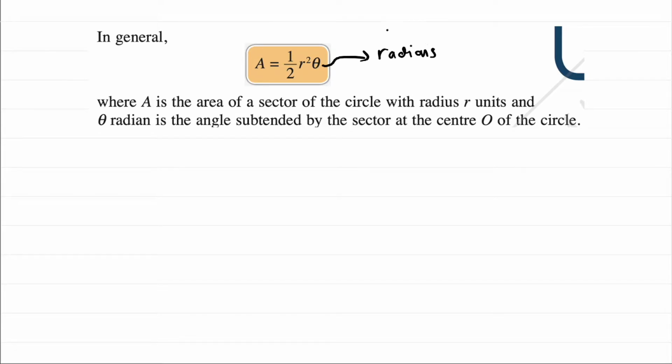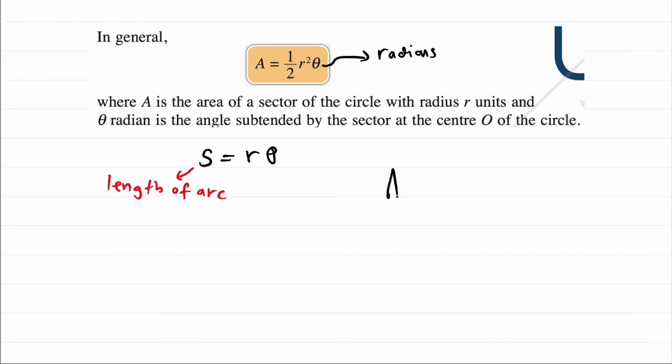As you notice, previously we have another formula: S equals r theta. I hope you still remember, S here is the length of arc. Why I bring this back is because we can put it into the formula of area.